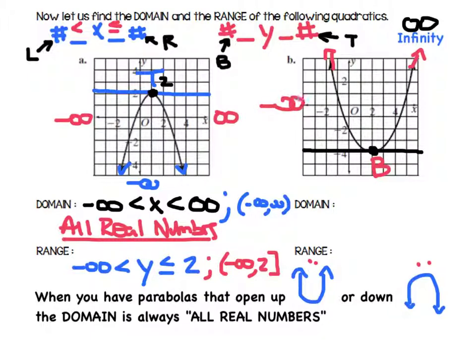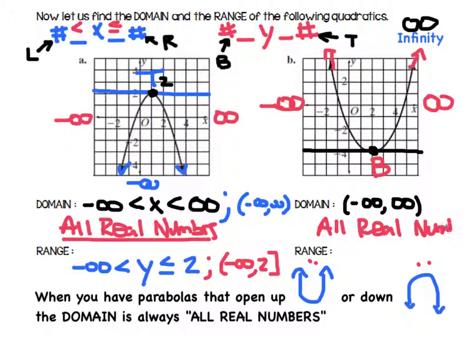It never stops going in the negative infinity direction, and it never stops going in the infinity direction, left or right. So my domain, again, is going to be negative infinity to positive infinity. What does that mean? If I have two infinities, it basically means that the domain is all real numbers.